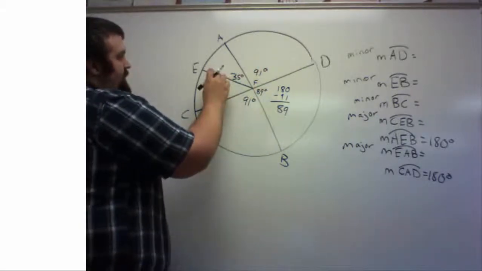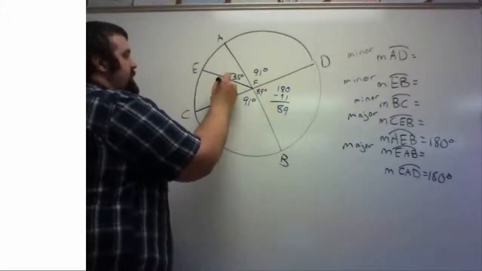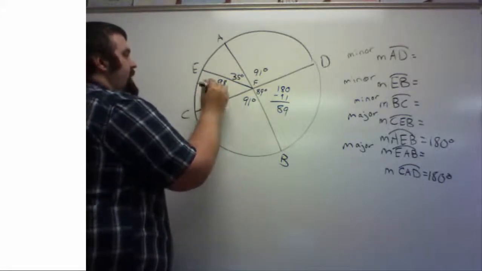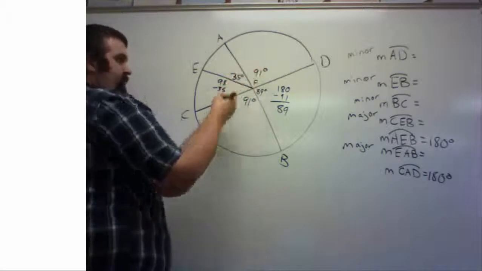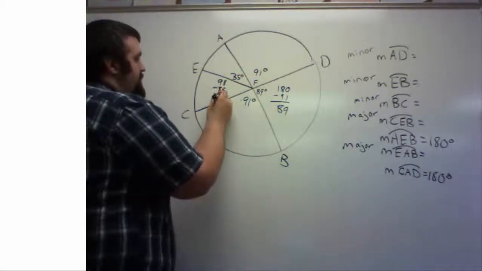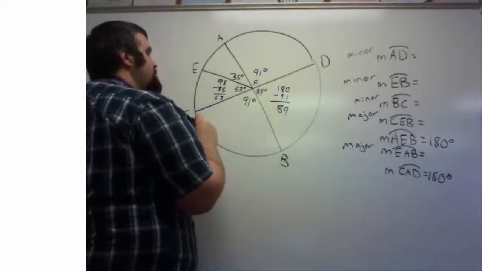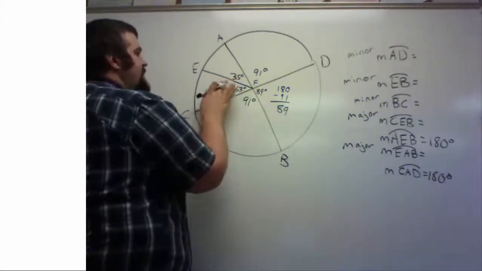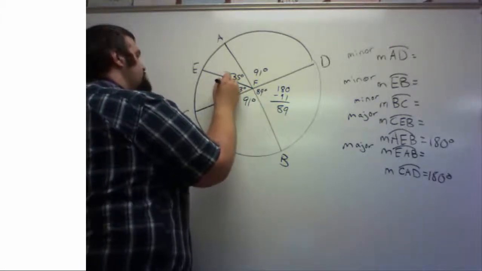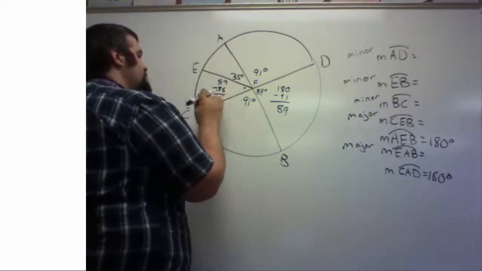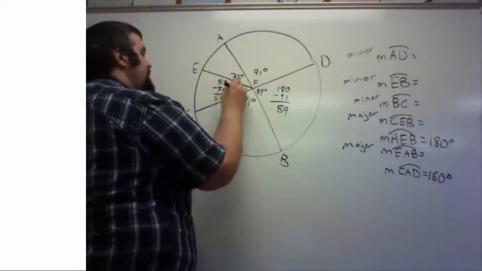These are vertical angles, so 89 minus 35 has to be this one, because the full thing has to be 89. So 54.